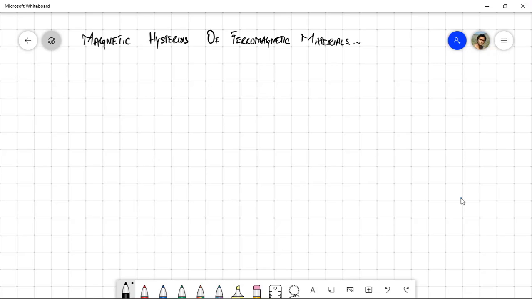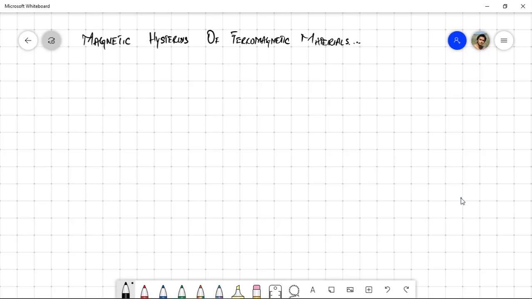Such materials not only align very easily to the external magnetic field, but also remain partially magnetized even after we remove the external magnetic field.